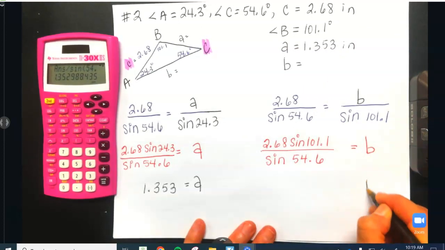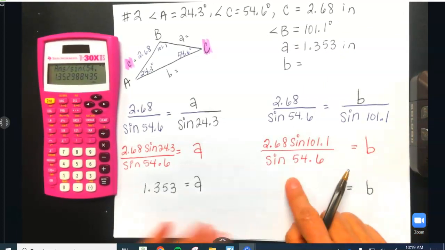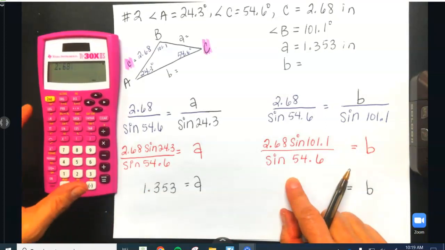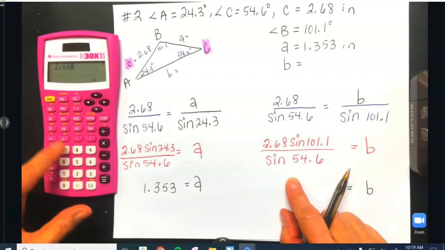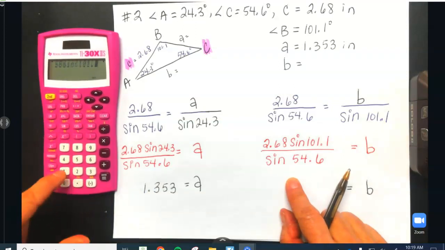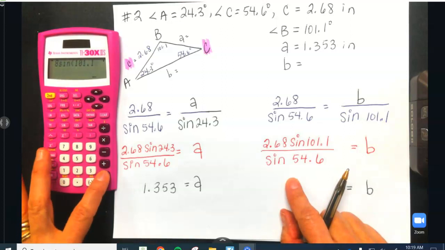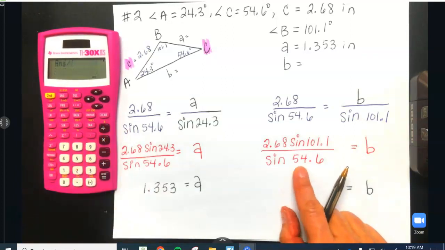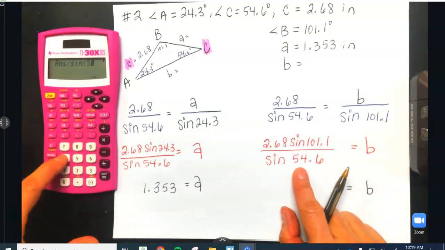Now let's find leg B. Same process. 2.68 sine 101.1. Remember, you have to hit enter before you hit divide. Now let's divide by sine of 54.6.